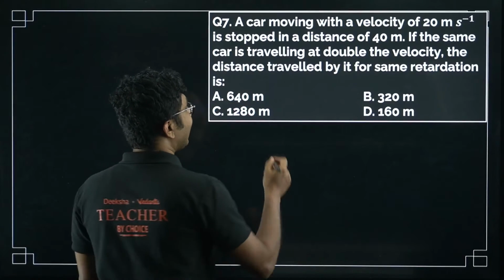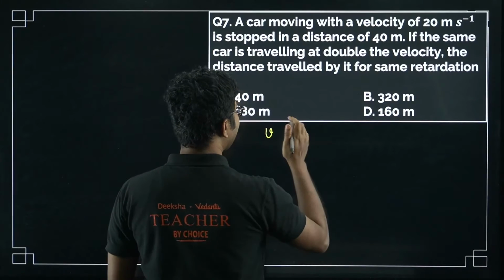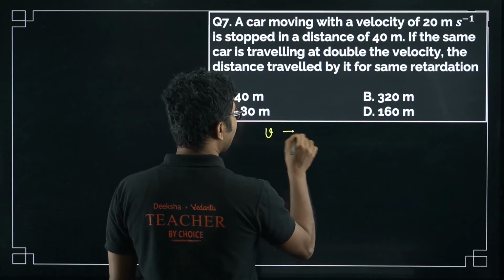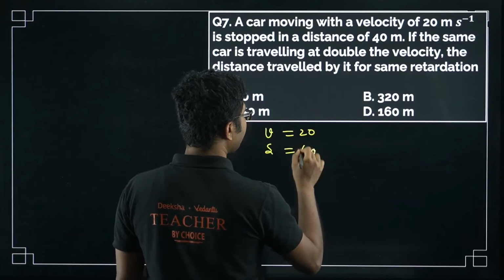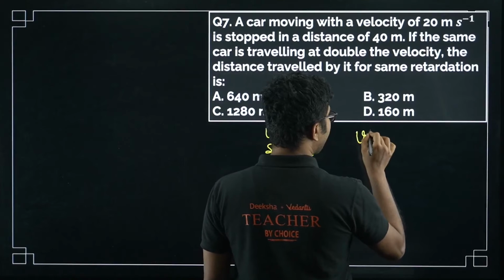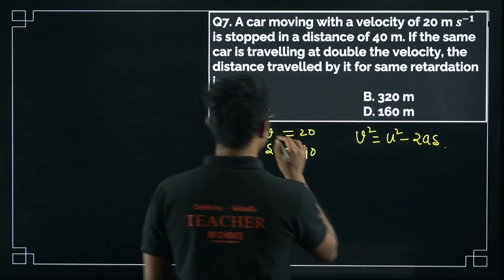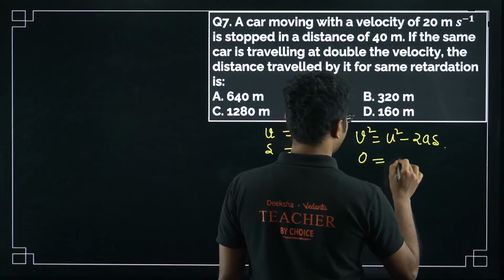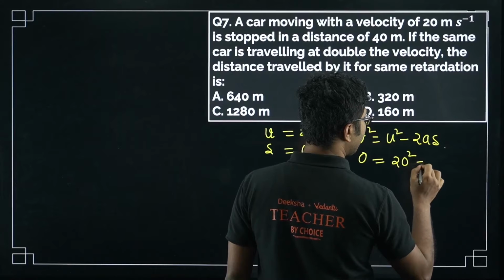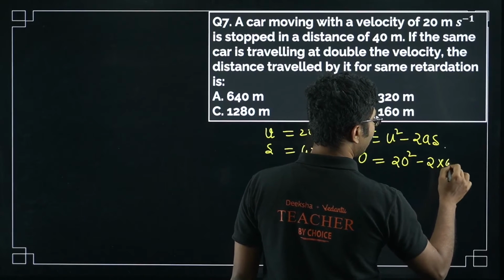Let's see. So initial velocity is 20 meter per second, and the stopping distance is 40 meter. Okay, so we know that v square equals u square minus 2as. Here v is 0 and u is 20, so 20 square equals 2 into a into 40.